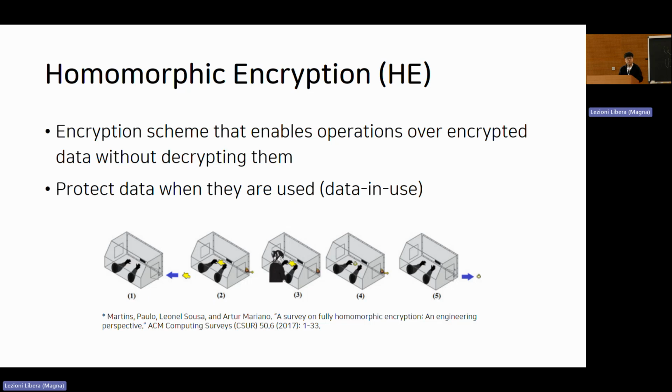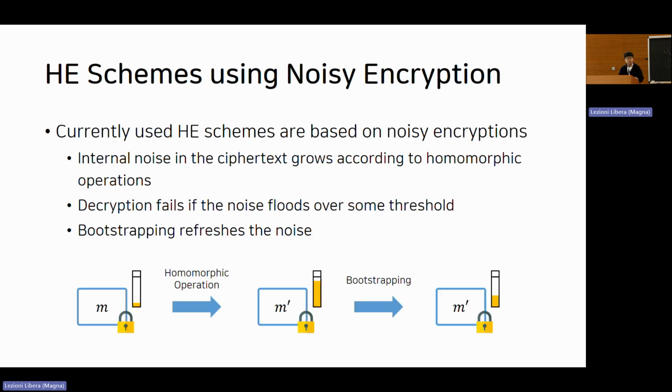Homomorphic encryption is an encryption scheme that enables operations over encrypted data without decrypting them. So we can protect data when they are actually used, not only when they are stored or transmitted. Currently, most of the HE schemes in use are based on LWE encryption, which has noise inside the ciphertext.